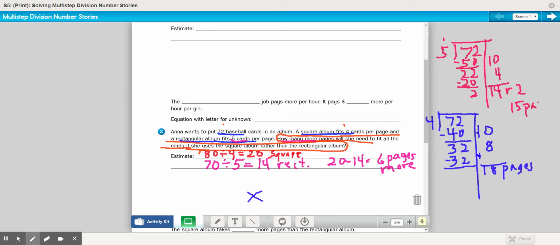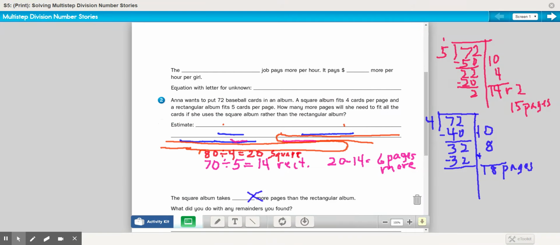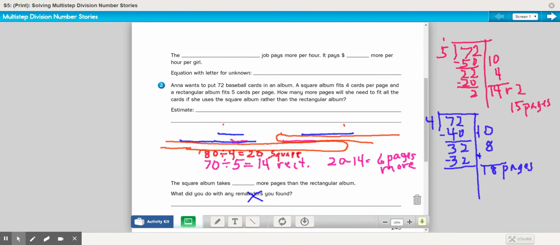I wonder if the problem's going to ask us about that. Okay, so let's go take a look. I have to scroll down, and it's going to throw off all the writing here, but that's the way it goes. I'm going to erase a little bit right here. The square album takes how many more pages than the rectangular album?